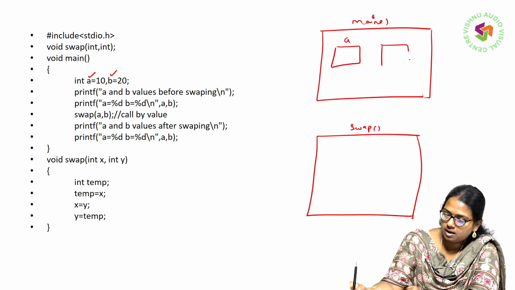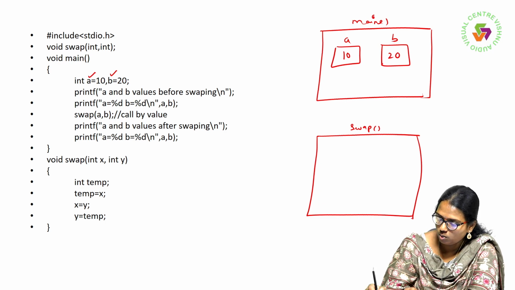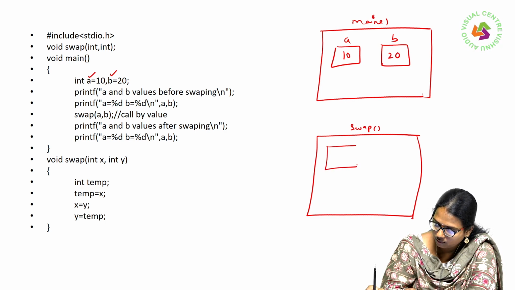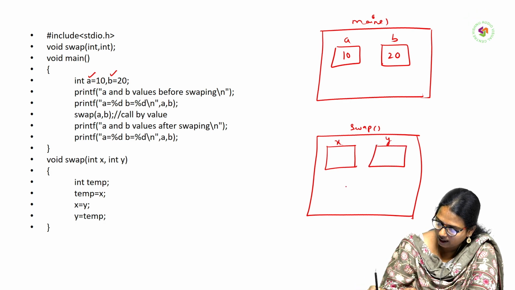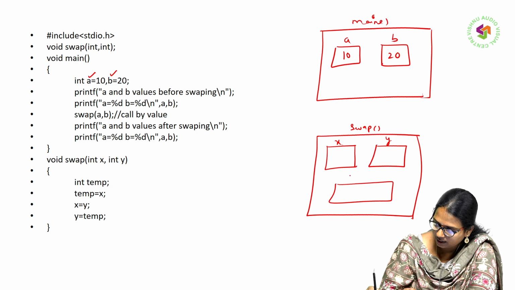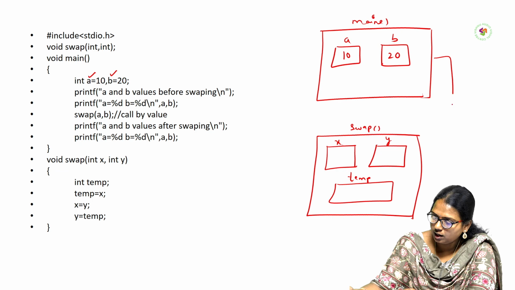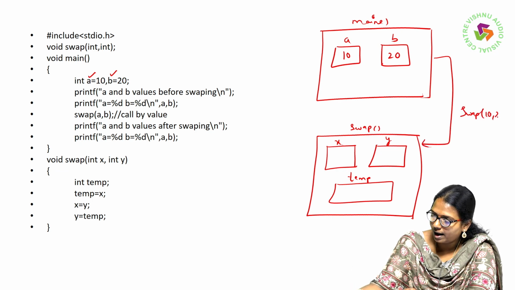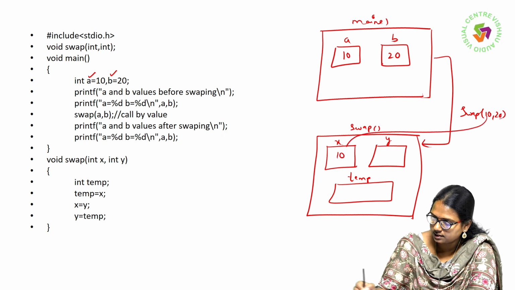The a value is 10 and the b value is 20. In the swap function, we have x and y and one temporary variable temp. Now main called the swap function by passing two values, 10 and 20. This 10 will sit in x and this 20 will sit in y.